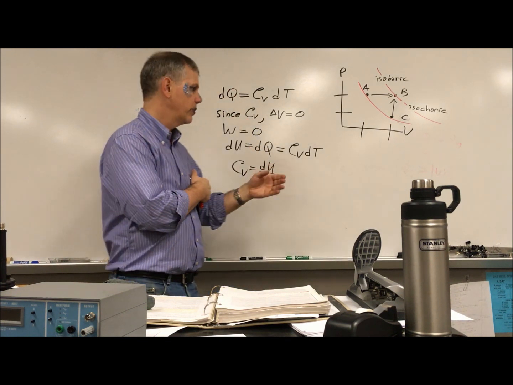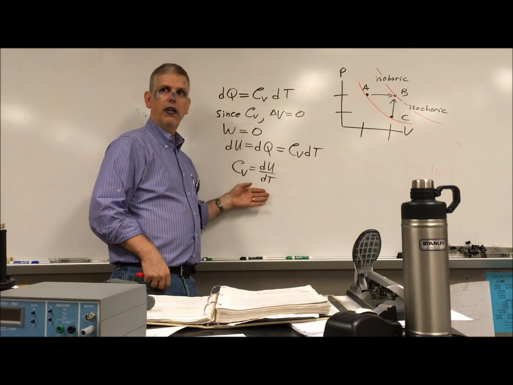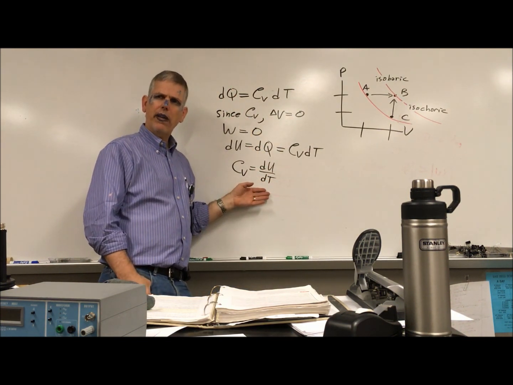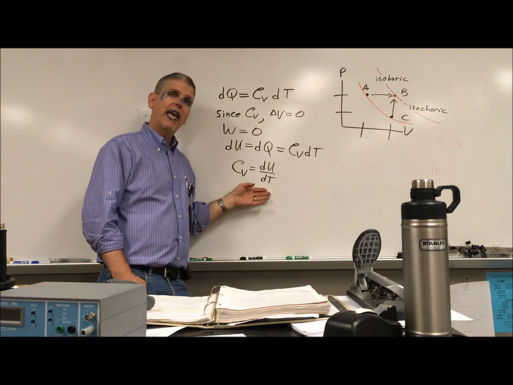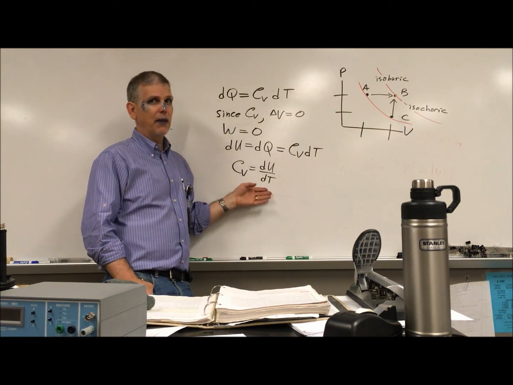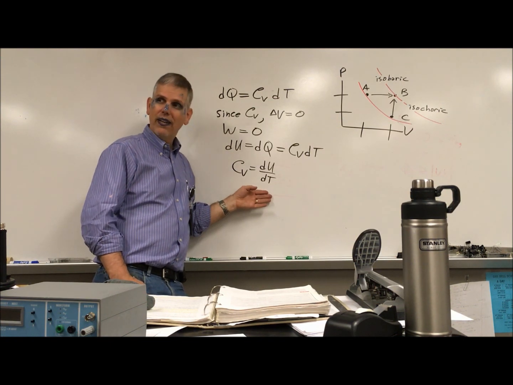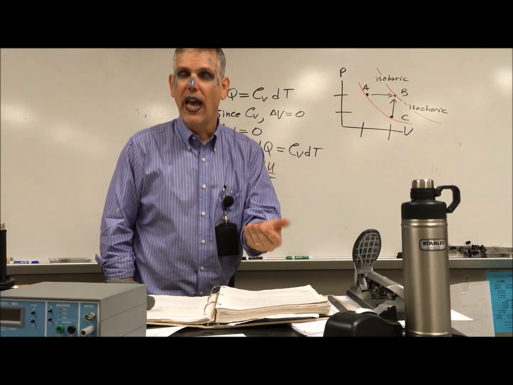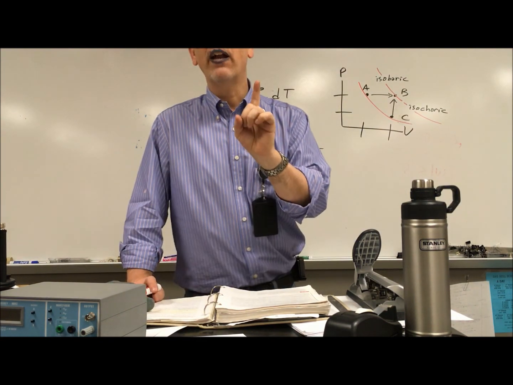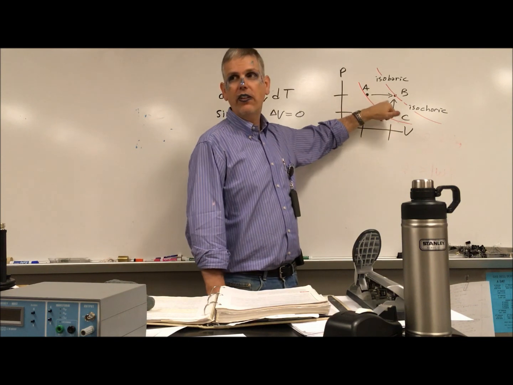But I could also use this equation. Is it at constant volume from A to B? No, it's at constant pressure. But aren't the temperatures from A to B the same as the temperatures from C to B? And those are state variables.